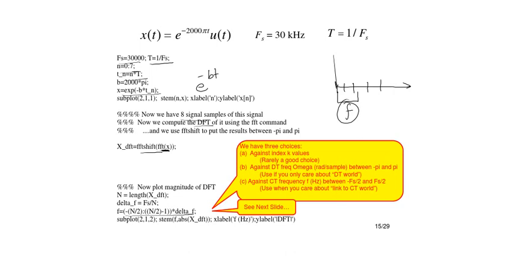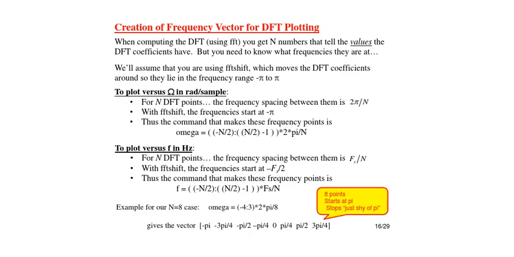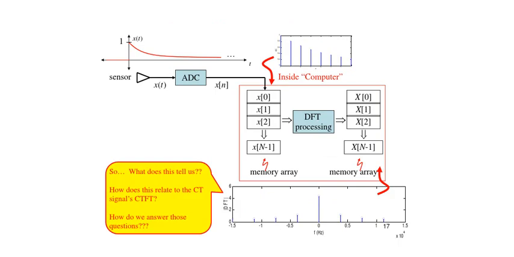I'll just draw the plot. So this is the DFT plot, and you get the positive half as well as the negative half, right? So this is the DFT. Here we are interested in the CTFT of the analog signal, and in the DFT we got this kind of shape, right?